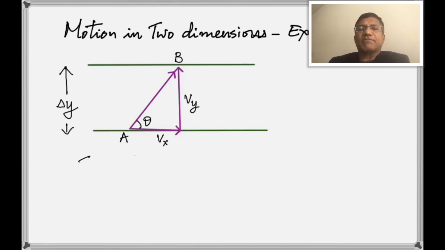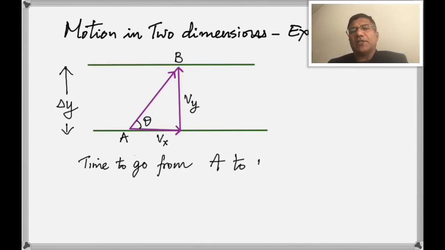I'm just going to say that horizontal and vertical motions are completely independent of each other. And since we know that in this case both the velocities are constant, we will just use the equation for displacement being equal to the product of velocity and time. That'll be very interesting.